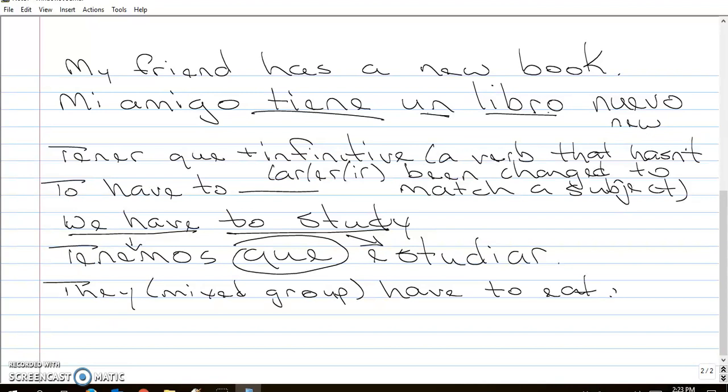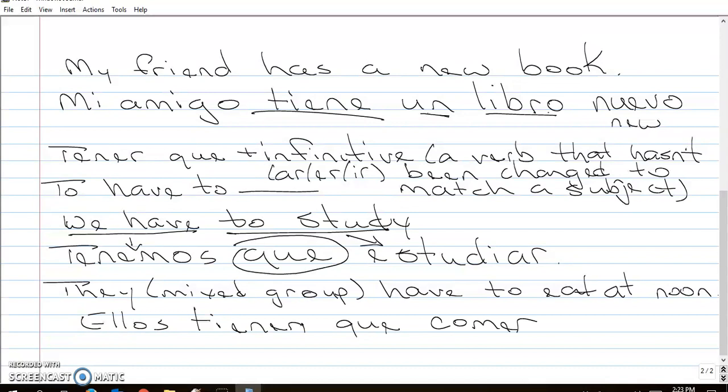They have to eat, and let's throw our time back in there, at noon. So let's see what we remember from time. They, mixed group, would be ellos, have to eat. So ellos tienen que, to eat is comer, at noon.